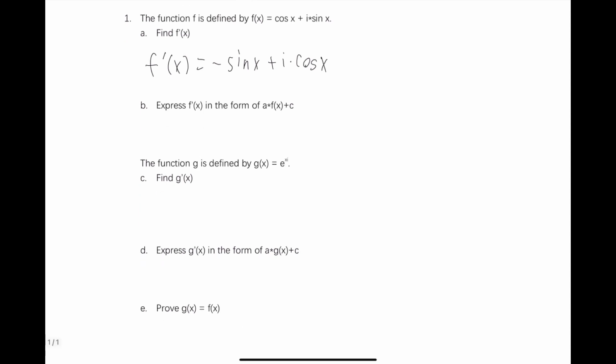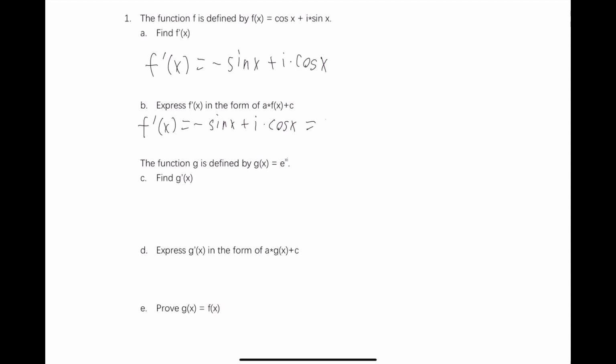Next, f'(x), we have to express it in the form of a times f(x) plus c. Okay, sure. Let's copy it down. Here the minus sign is i squared, so it's i squared times sine x.